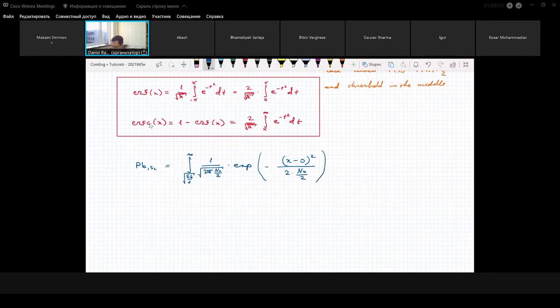So I use all that I know, specify this probability density function, and calculate the integral from the threshold to plus infinity times dx.